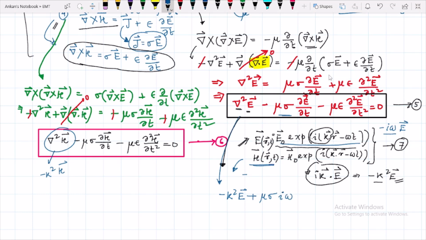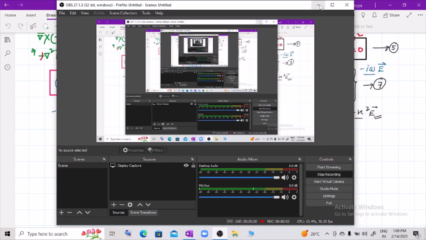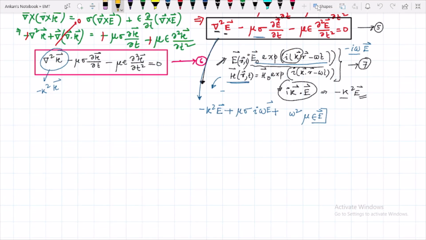Now if you take again the del t of this, then you will also be able to obtain another I omega, which means I minus 1, and this minus will be plus, so this will be minus and minus plus omega squared, omega squared into mu epsilon into E. By satisfying equation number 5 from the first set of equation 7, we obtain the equation to be replaced by the solution and take the form of this.